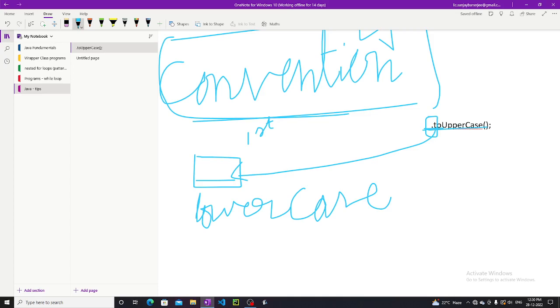It will never be that the first letter is in uppercase and then lowercase, then again uppercase. Generally lowercase is followed.